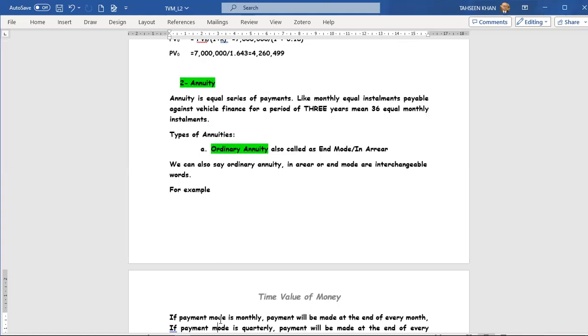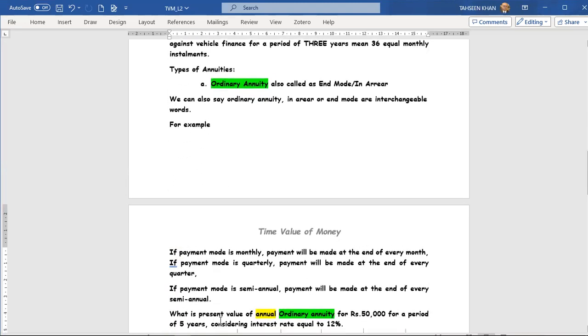Ordinary annuity, in arrear, and end mode are interchangeable words. In case of ordinary annuities, all payments will be paid at the end of the term. For example, if the mode is monthly, payment will be made at the end of every month. If the payment is quarterly, payment will be made at the end of every quarter. If the payment is semi-annual, payment will be made at the end of every semi-annual period.